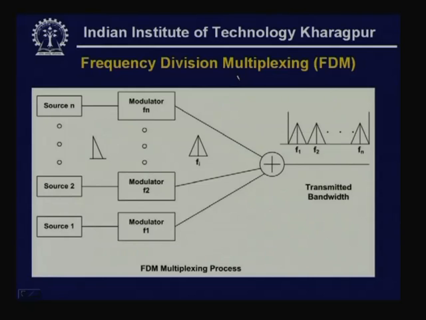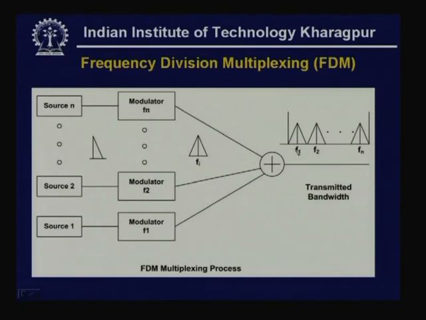Now, let us first focus on frequency division multiplexing. In frequency division multiplexing, we have already seen we have a number of sources, say n sources as shown here. Each of them is sending some data, and the signals coming from each of the sources are modulated using different carrier frequencies f1, f2 and fn, and as a consequence they create signals in different frequency bands, and they are combined together.